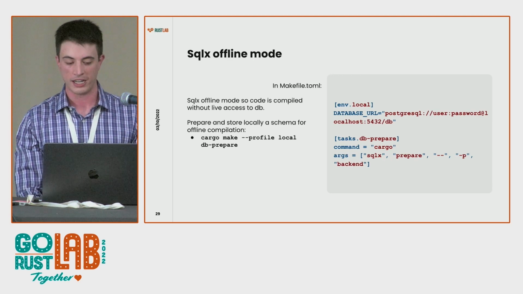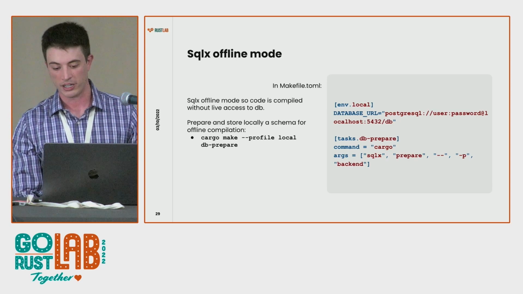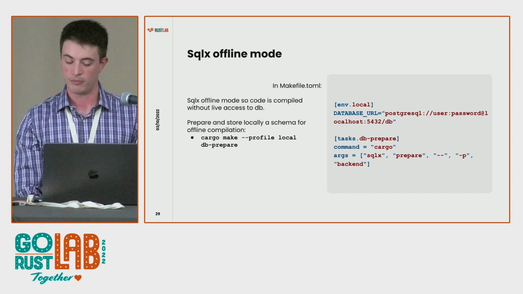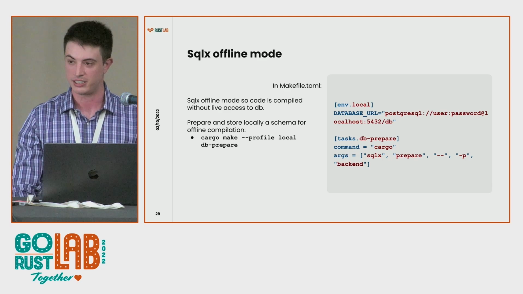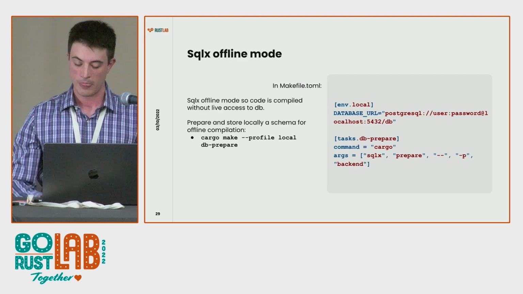So the solution to that is using SQLX offline mode. Basically, instead of requiring a live database every time we compile, we generate beforehand a schema JSON file, which contains all the needed metadata. So SQLX can generate that for us.